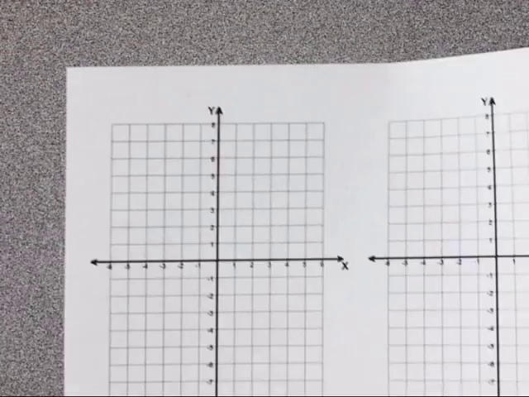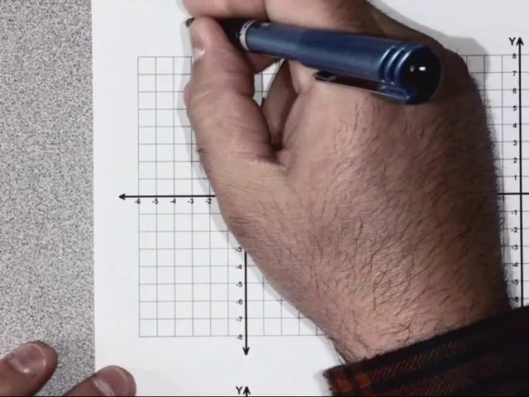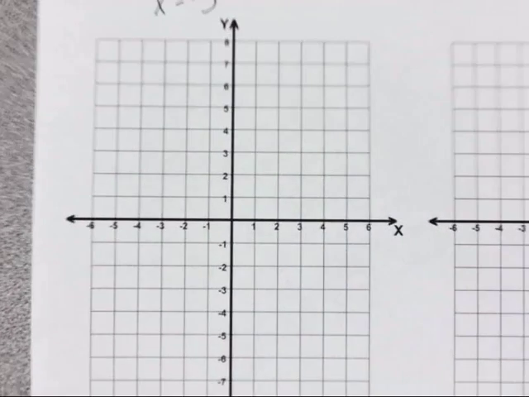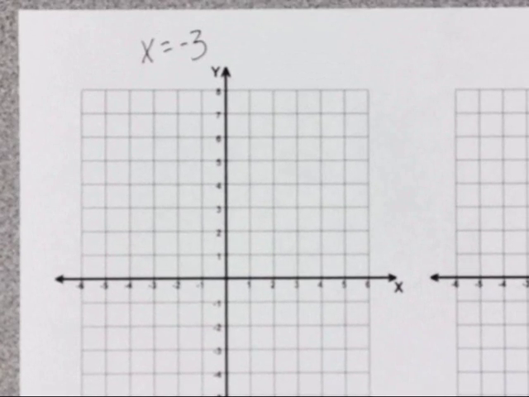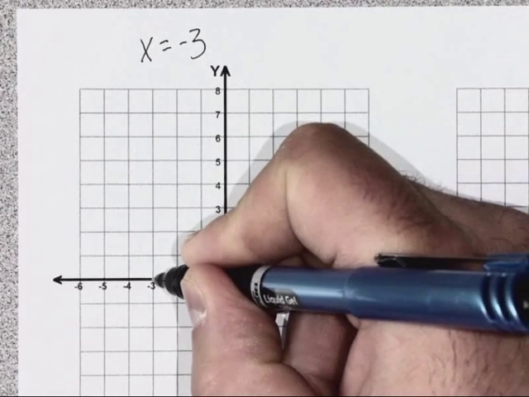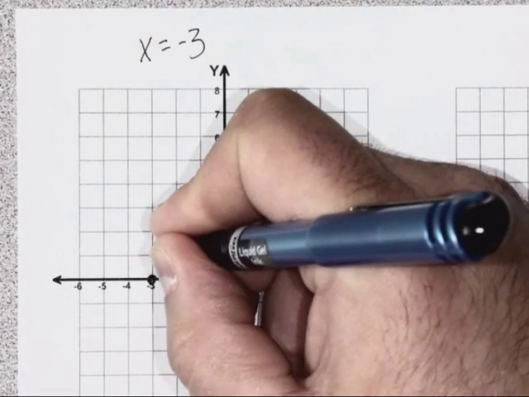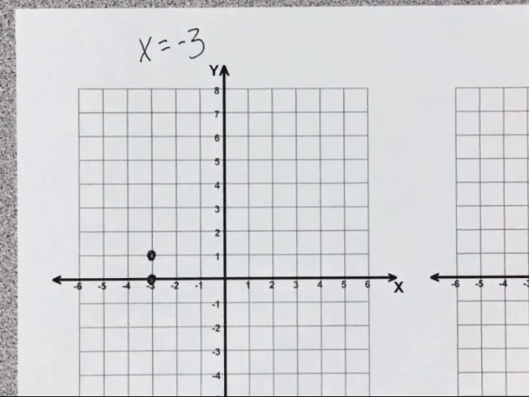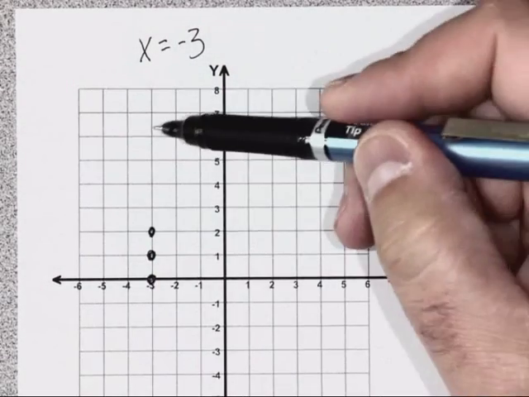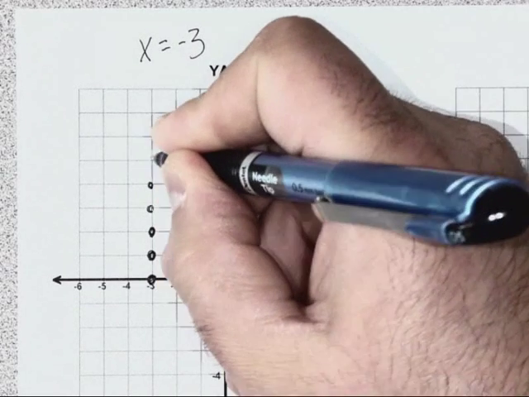And so when we look at how that's going to be graphed, here's -3 comma 0. Here's -3 comma 1. Here's -3 comma 2. If this is going to be a vertical line that just goes up and down, every one of these points is going to be on this line.